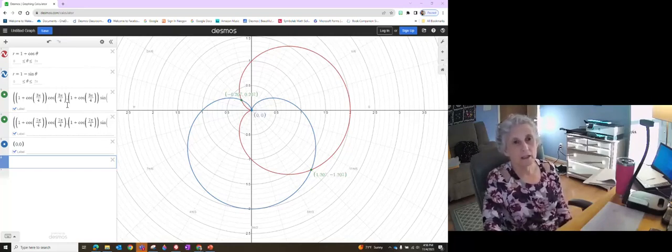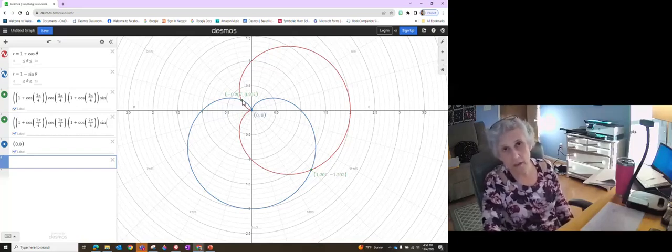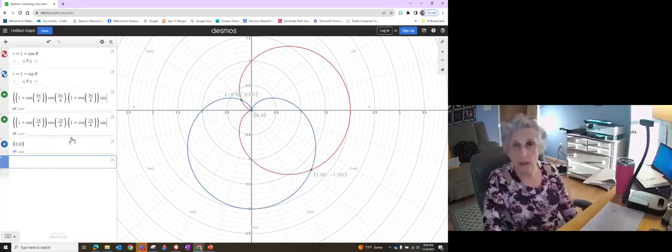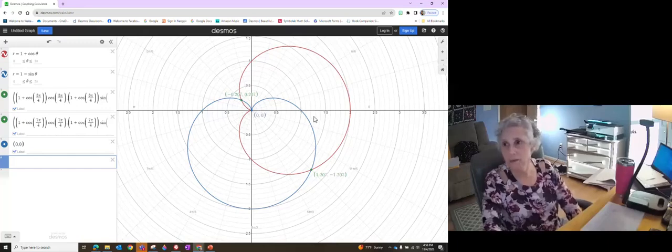And then I did r cosine 3 pi over 4, r sine 3 pi over 4. That gave me this point because Desmos doesn't plot polar coordinates, it plots Cartesian coordinates even when you have a polar graph up there. And then we had r cosine 7 pi over 4 and r sine 7 pi over 4. So that gave me my two intersection points.